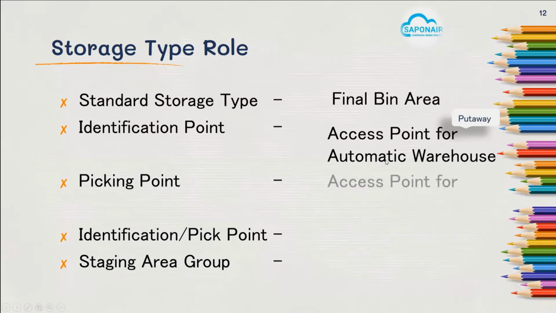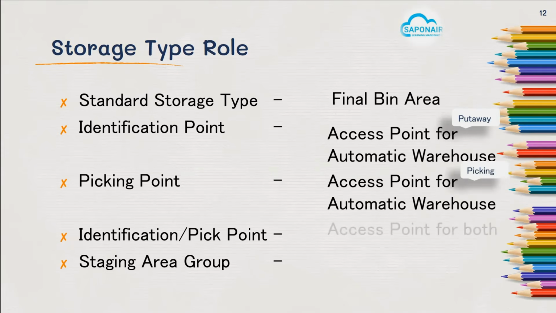They are basically used to access your automated warehouses. Please follow this, and I'm going back to the picture to name the storage types. Remember this. Can you note it down also? It's very useful for your notes. Sometimes I can even define picking point and identification point as one area.